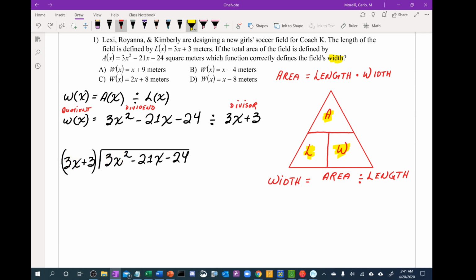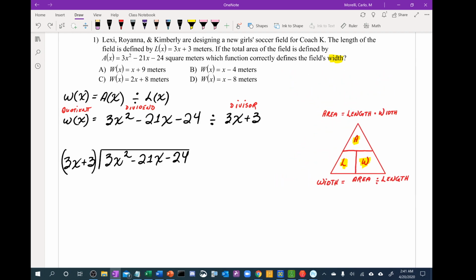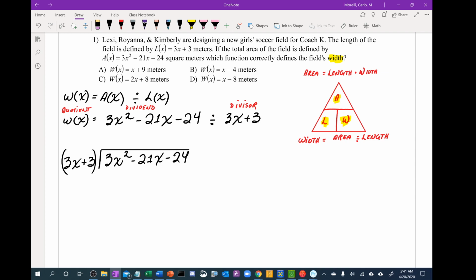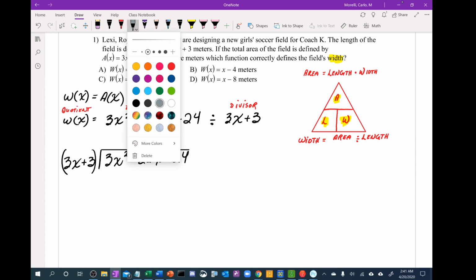Ladies and gentlemen, we'll do that over here in side work. I'm going to scale down this drawing here so we have that side work space. And now we have that side work space.